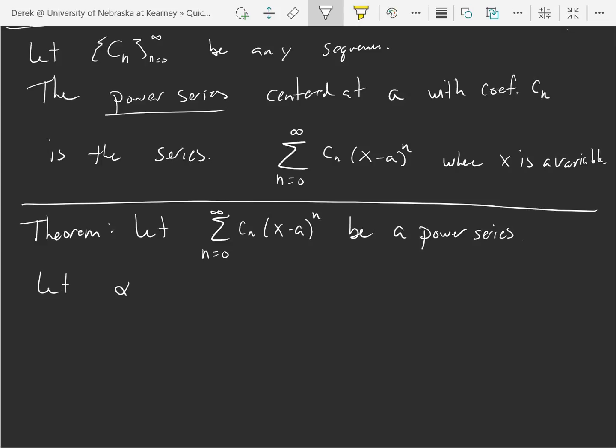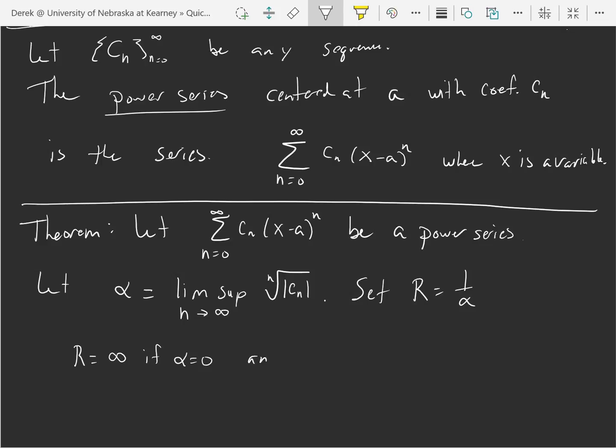We're going to let alpha equal the lim sup of the nth root of the absolute value of the c sub n's. Lim sups always exist, so this thing always exists. And we're going to set r equal to 1 over alpha if alpha is finite, r equals infinity if alpha equals 0, and r equals 0 if alpha equals infinity.